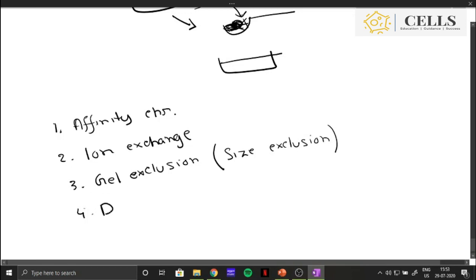Then we have desalting. This is not exactly a chromatography, but it is a technique. We'll come across desalting in just a few minutes.